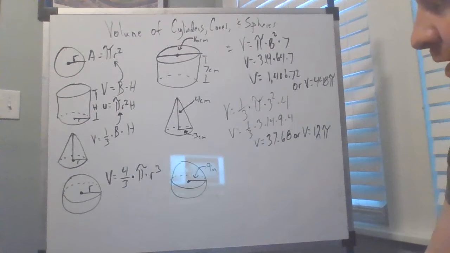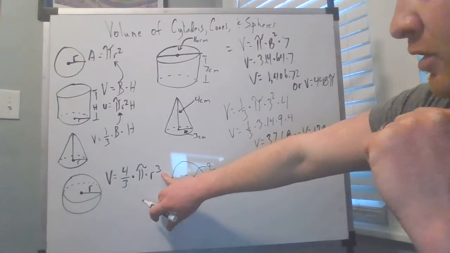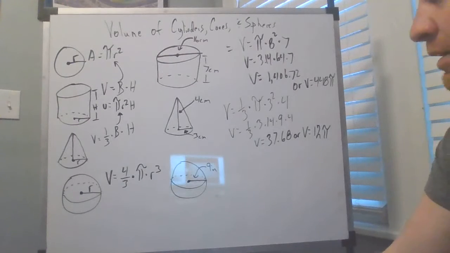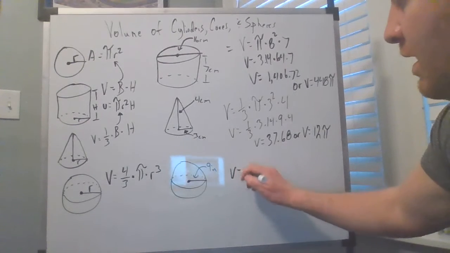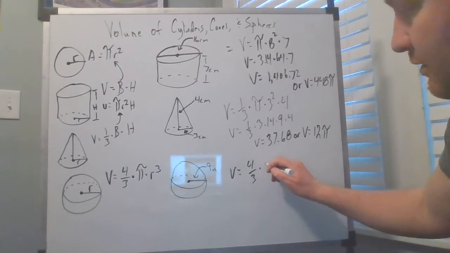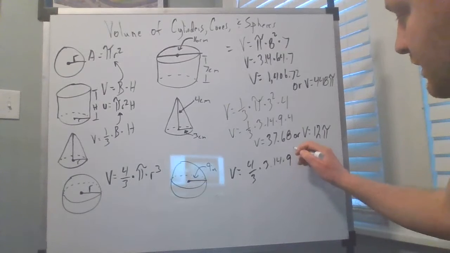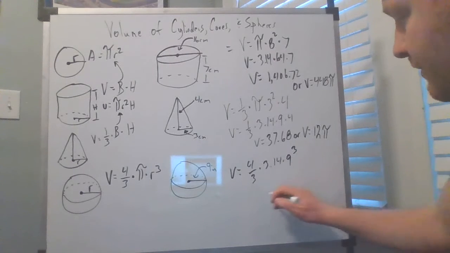Last but not least, you got a sphere, okay? And this one says to make sure you cube it and you don't square it, okay? So this one's going to be V equals 4/3 times 3.14 times 9 cubed, okay?